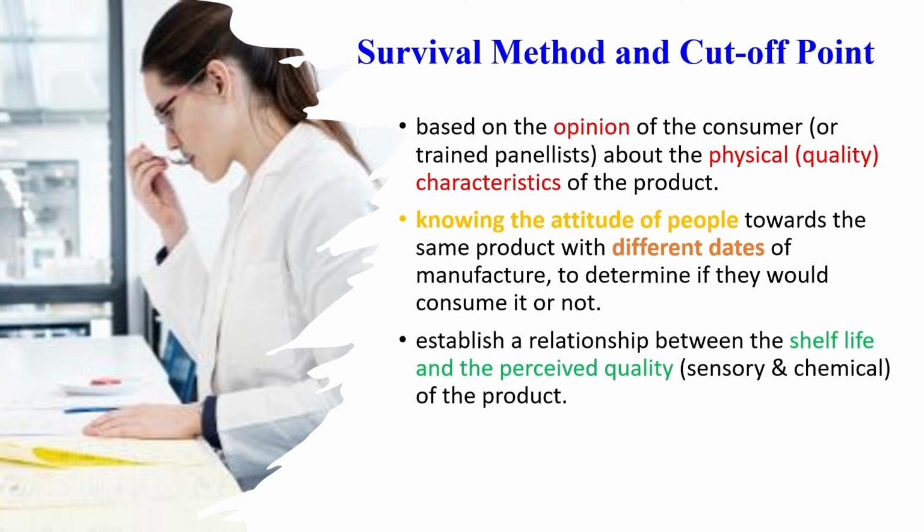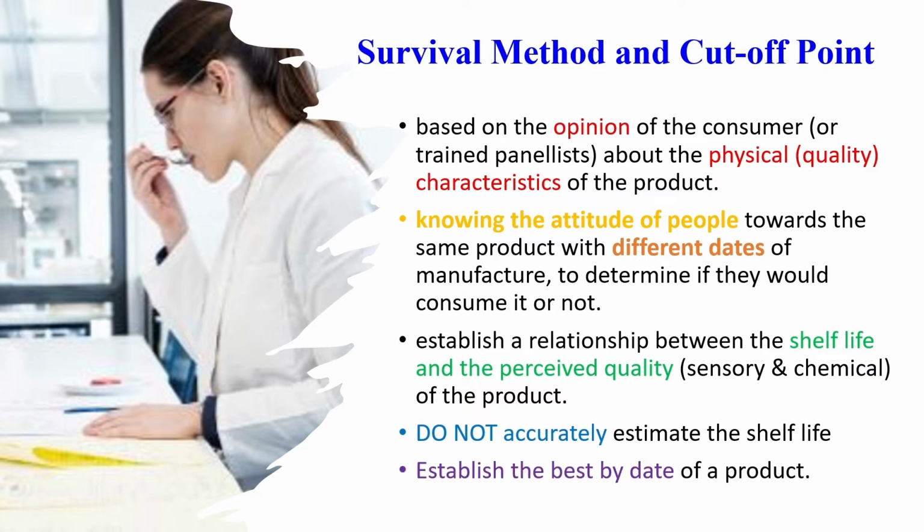They establish a relationship between the shelf life and the perceived quality, especially the sensory and the chemical qualities of the products. But obviously, it does not accurately estimate the shelf life. It just gives a range. And it can only be used to establish the best before date of a product.